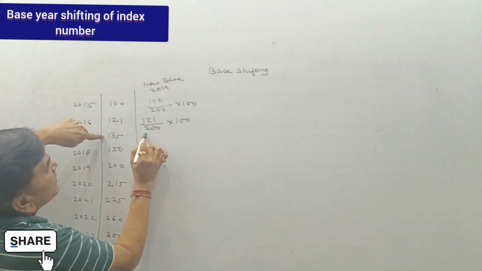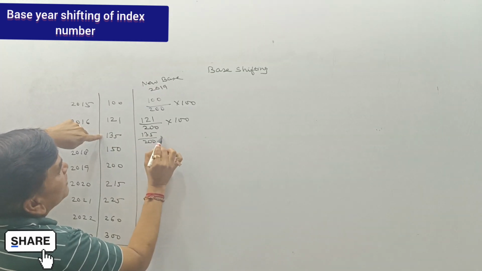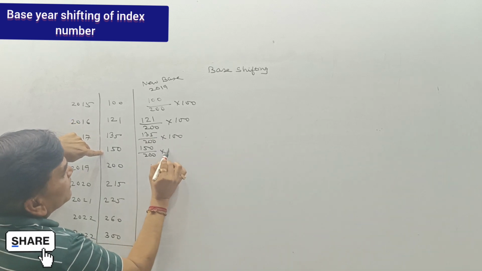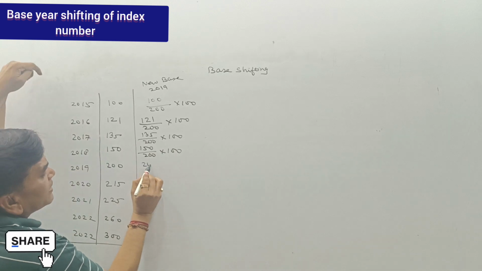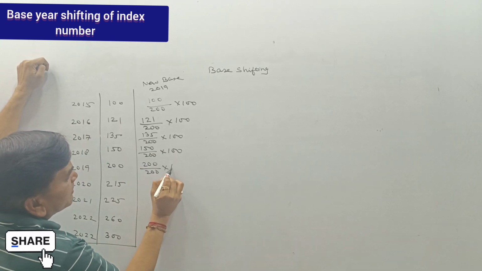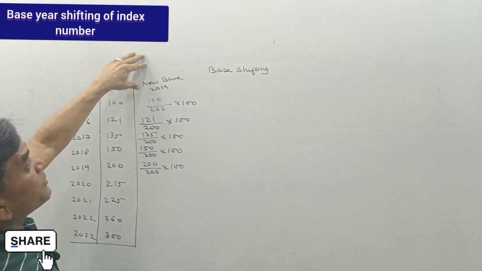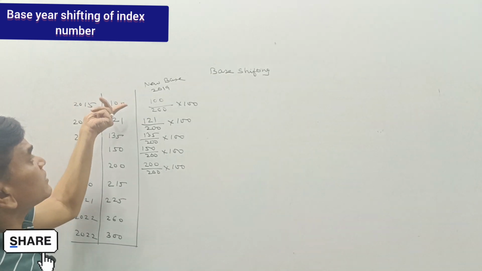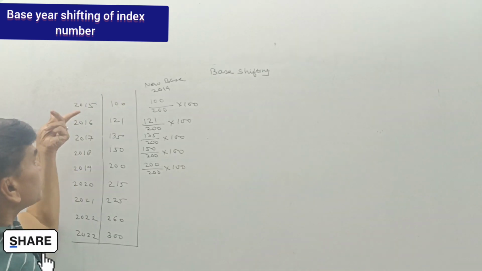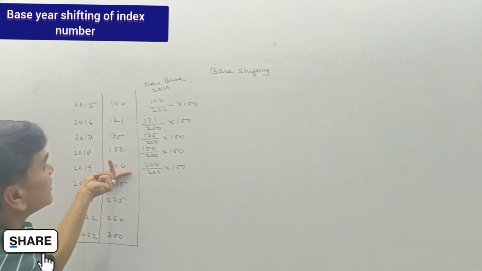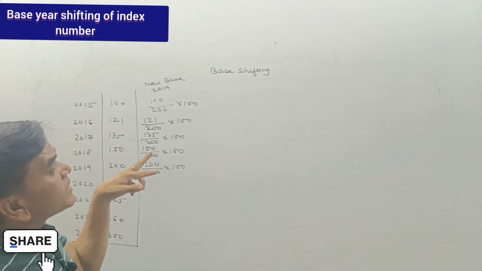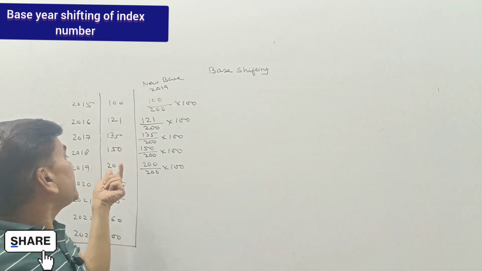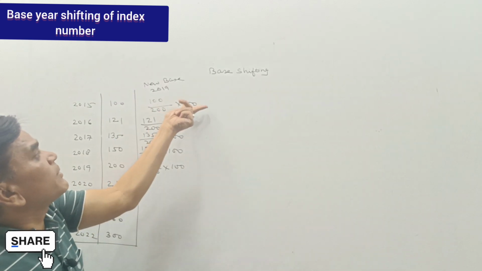Then 135 divided by 200 multiplied by 100, 150 divided by 200 multiplied by 100, and 200 divided by 200 multiplied by 100. Our base year was firstly 2015, that was 100, and now we are changing the whole index number to 2019. So the formula is the old index number of the current year divided by the old index number of the new base year, multiplied by 100.